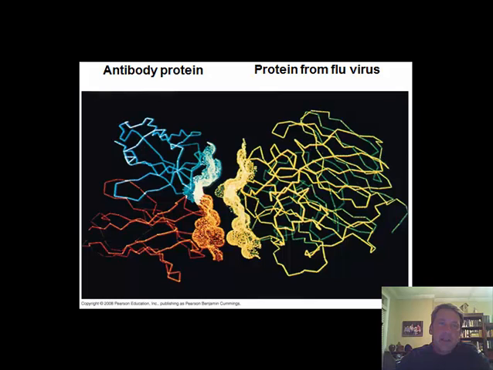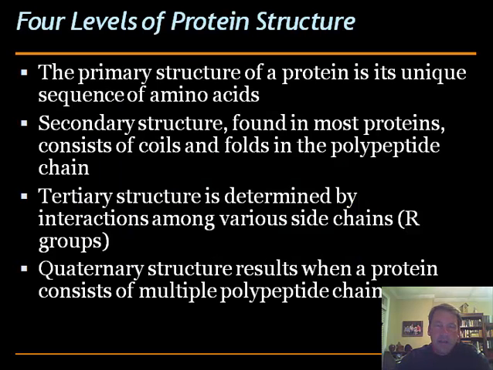So because these can get large, we have different levels of describing these proteins. It starts with just a simple explanation. That's called a primary structure, where we simply list the amino acids. And then we go to more complex, called a secondary structure. This is where we look at those coils and folds. And then a tertiary structure is kind of like a three-dimensional group.